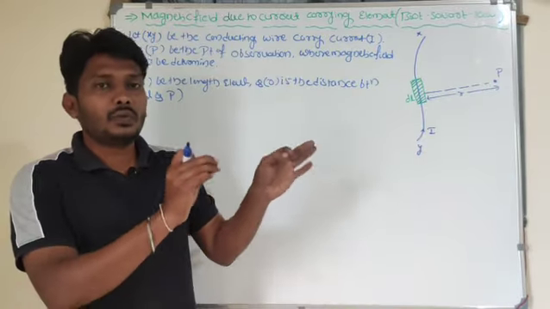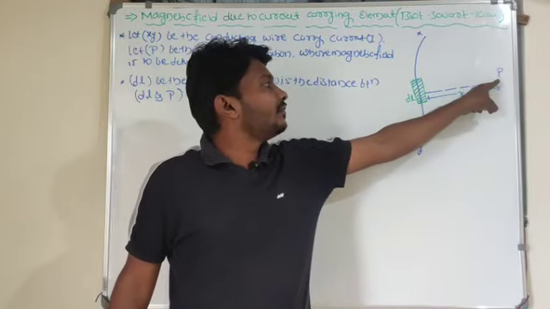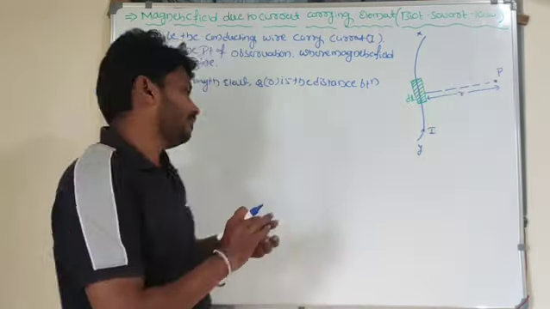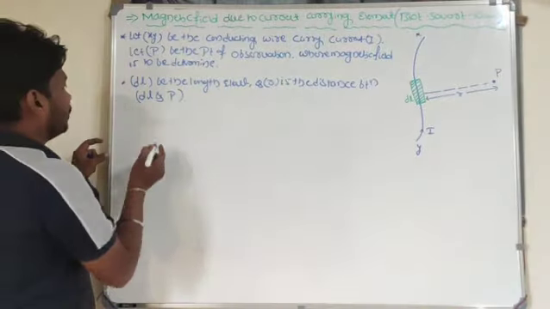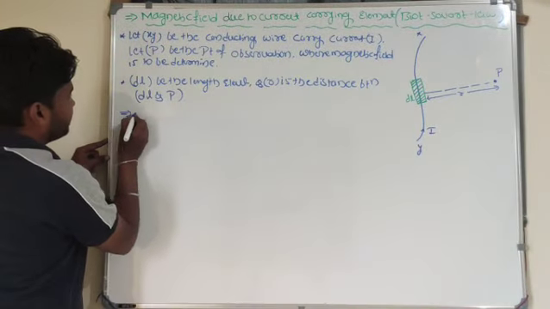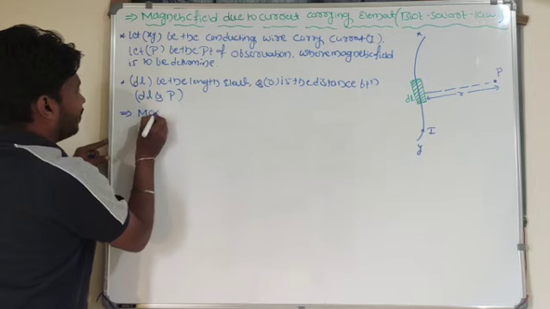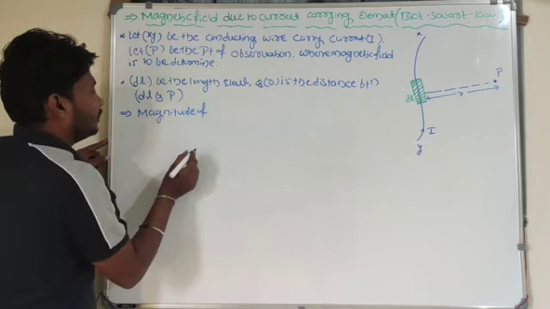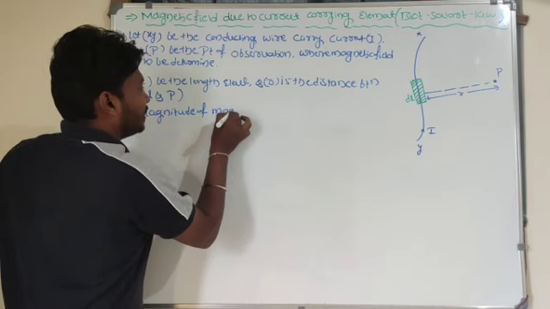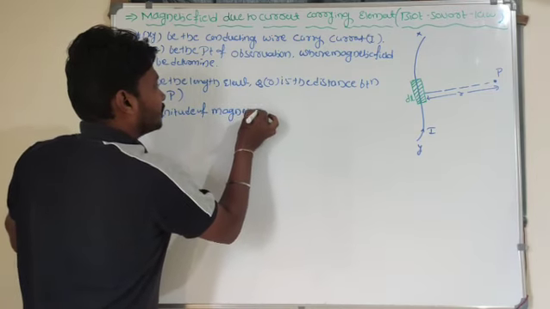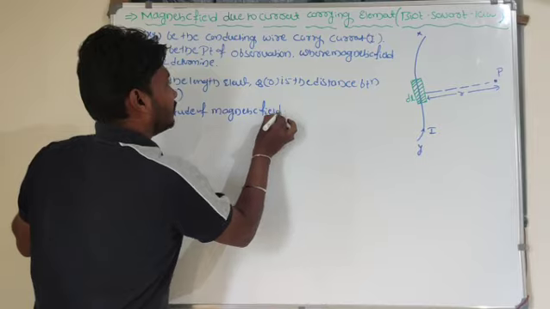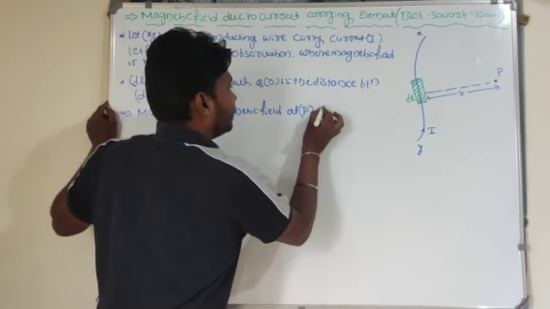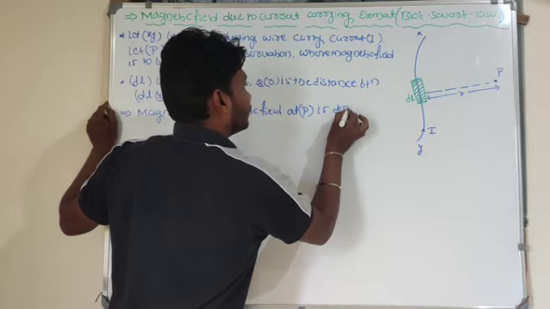From experiment we come to know that the magnitude of the magnetic field at point P depends on certain factors. So this is about Biot Savart law. First I can consider the magnitude of magnetic field at point P depends on.